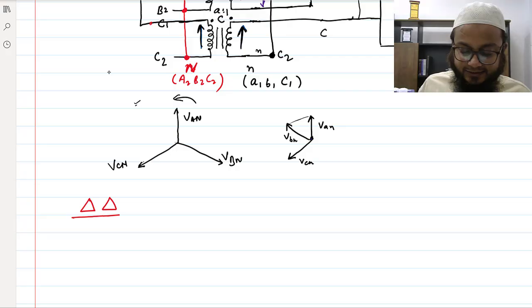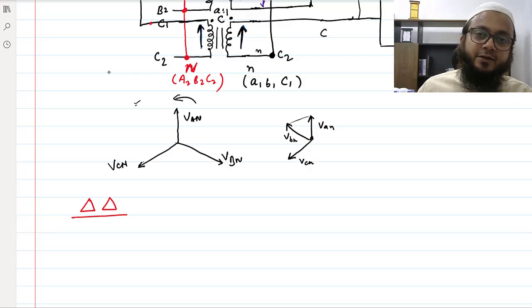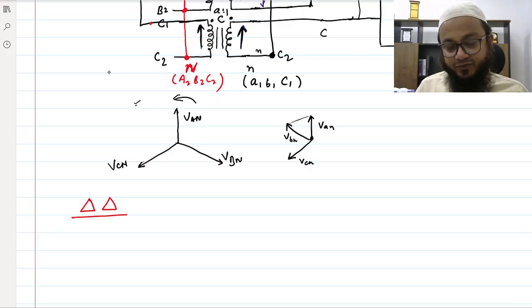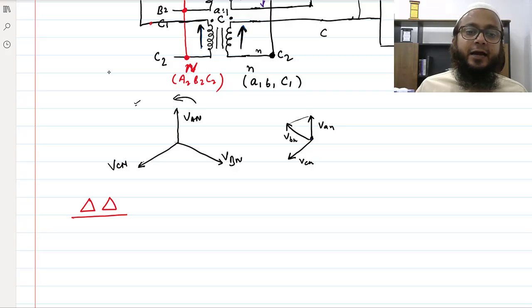So in a star connected circuit, the transformation ratio of each phase, the same transformation ratio was appearing at the line voltage as well. Okay, so the transformation ratio of the phase voltages and the transformation ratio of the line voltages of primary and secondary are the same, A:1.